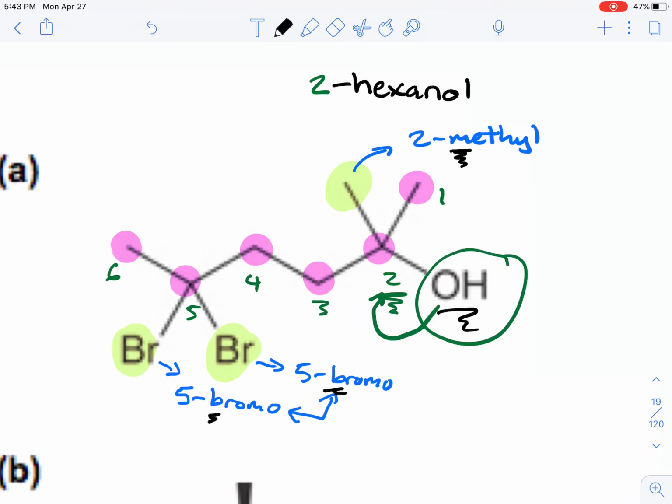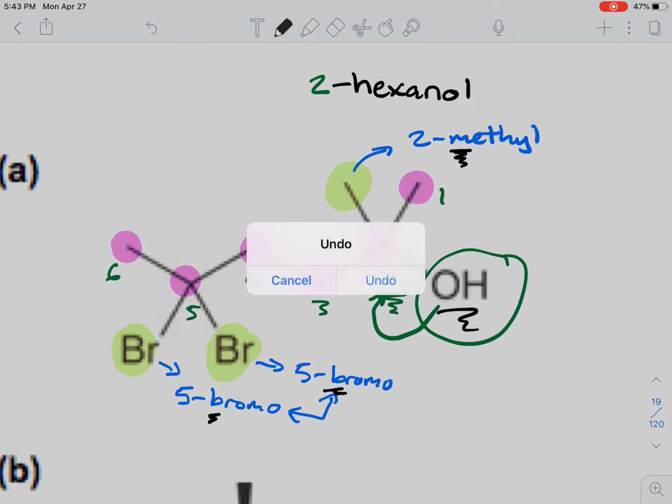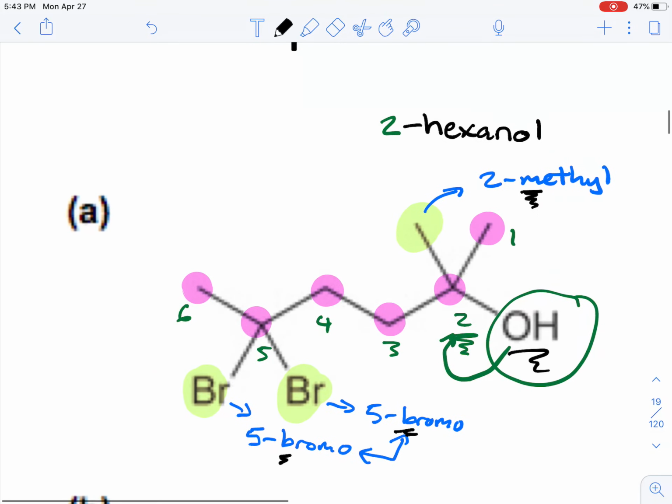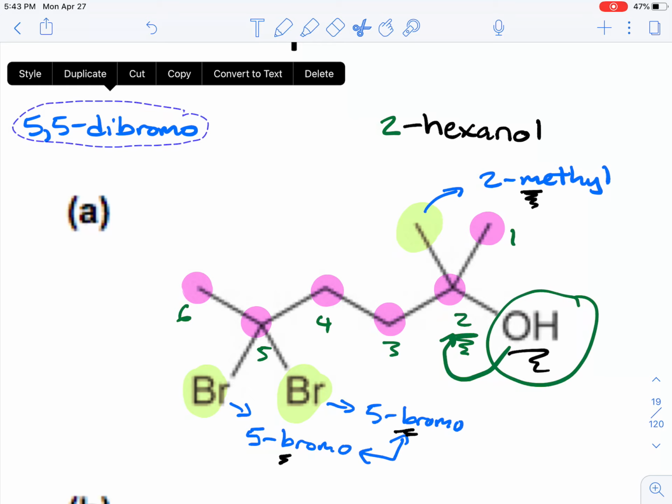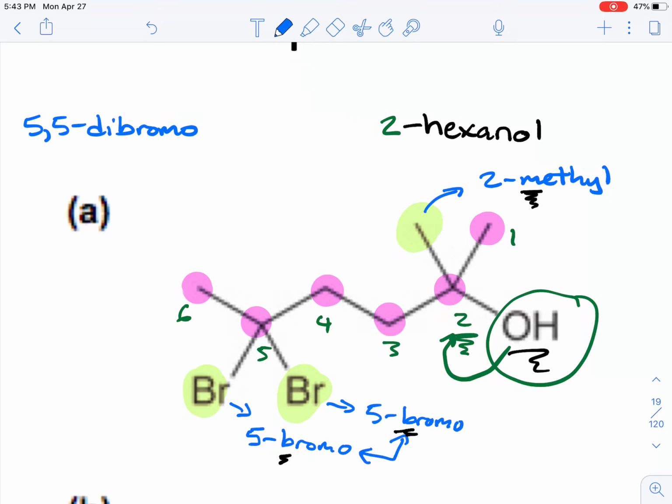Since B is before M, we write the bromines first. When we write the bromines, we put them together: 5,5-dibromo. I'm going to scoot this over because I need to fit in my other substituent, the 2-methyl.